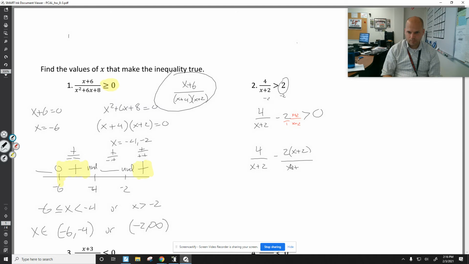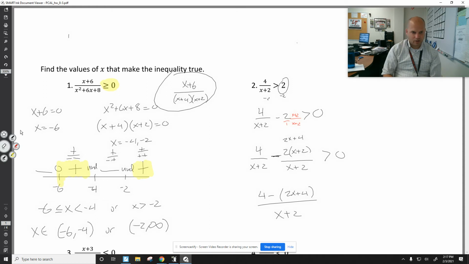and combine them. And now I can distribute this, and this is 2x plus 4. But let's be careful. When I'm ready to subtract these two things, it's 4 minus the quantity of 2x plus 4. A lot of students make mistakes on that.